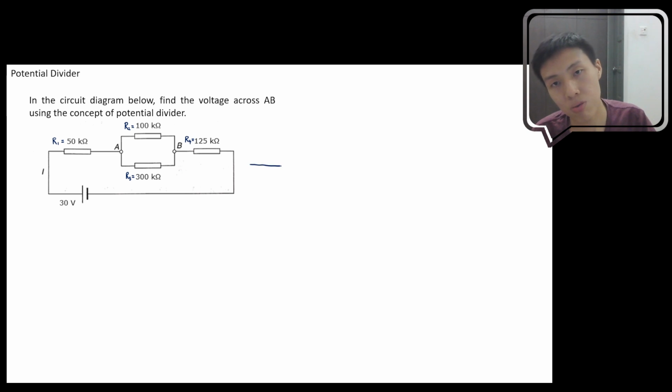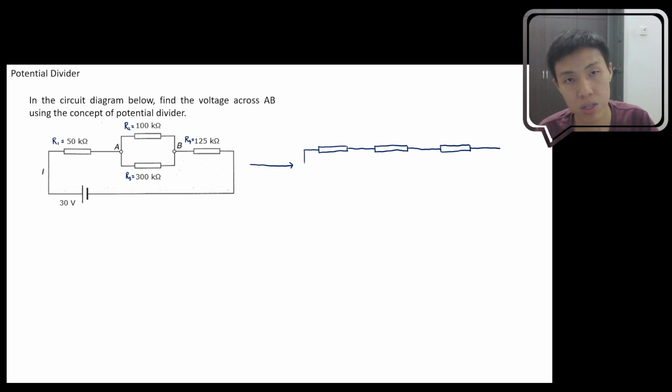So I'm now going to combine R2 and R3, so there will be R1, then there will be R23, then lastly, there will be R4. Okay, so this will be the circuit.